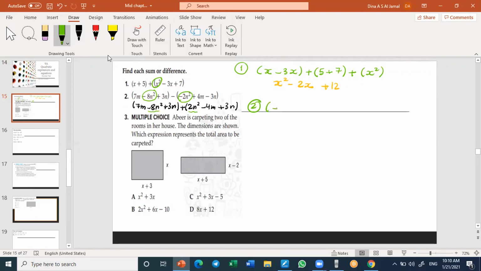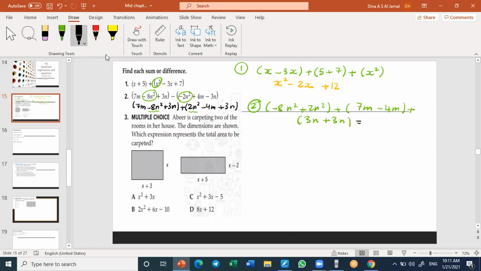Minus 8n squared plus 2n squared, added to 7m minus 4m, added to 3n plus 3n. Now let's simplify it further.